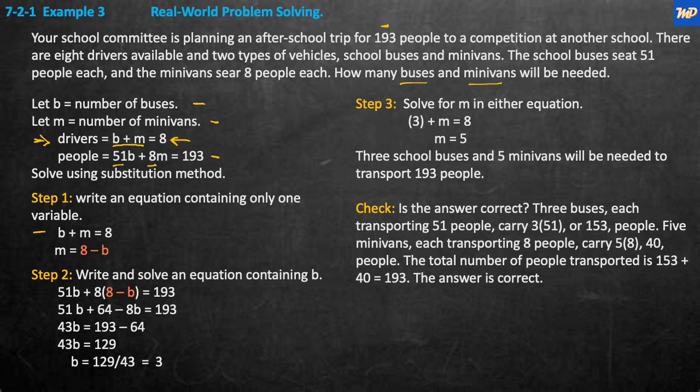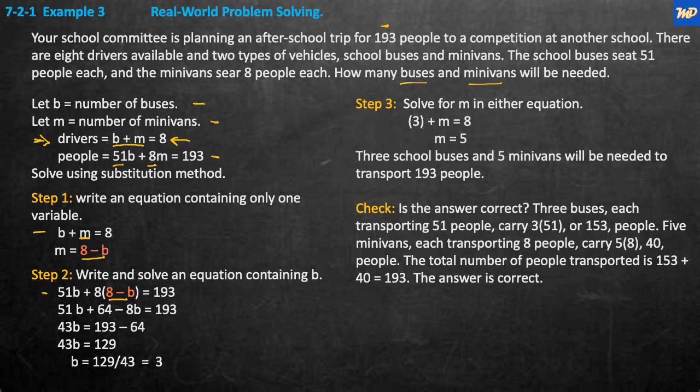So now write and solve an equation containing B. Let's go to the other equation. We know there's 51 students per bus, which is B, plus 8 students per minivan, which is M. So 8 times M, and M is 8 minus B. Here's our 8 minus B, because we substituted the M in the equation, and that equals 193.